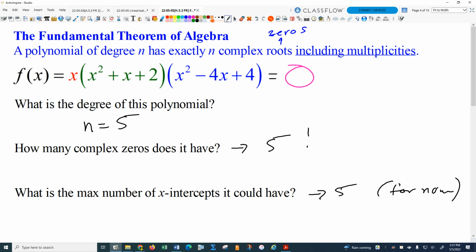If I want to find the red 0, I just set x equal to 0, and there it is. There's my red 0. Okay, how about let's do the blue 0. If I want to find the blue 0, I'm going to take the blue equation and set it equal to 0. Okay, and I've got to solve that.